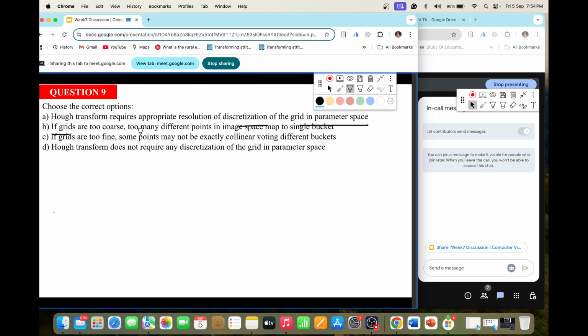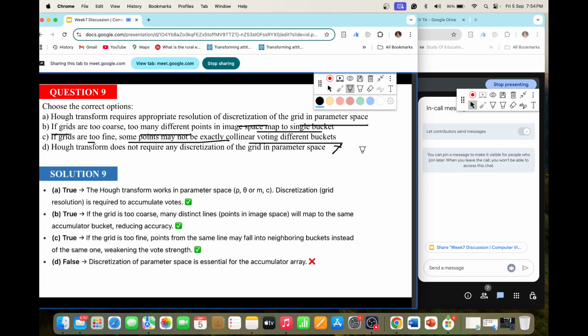If grids are too coarse, too many different points in image space are mapped to a single bucket. If grids are too fine, some points may not be exactly collinear, voting in different buckets. Hough transform does not require any discretization of the grid parameter space. So this is actually false. It actually requires discretization, so this is very false.